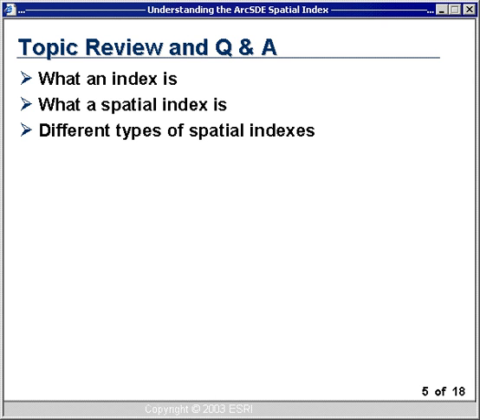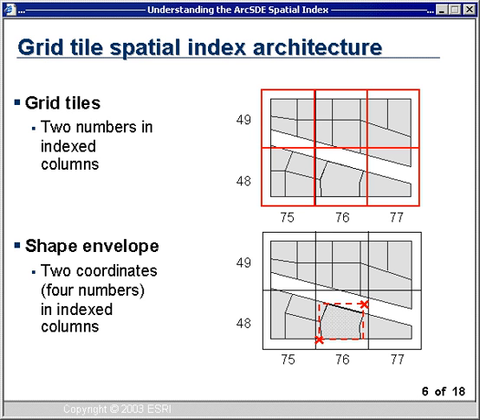Okay, so thank you for those questions, and we're going to move on to the second section now, which is looking at the architecture of the grid tile spatial index and how the grid tile spatial index works. So in this and the next slide, we're going to take a closer look at columns that make up the spatial index table.